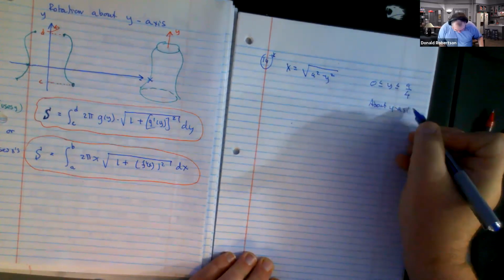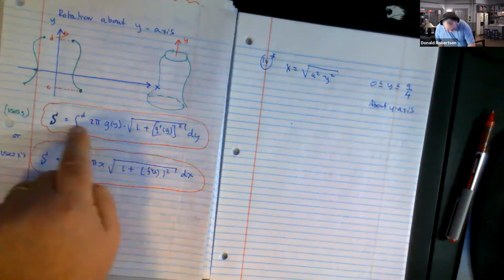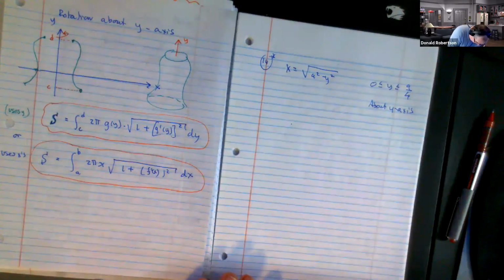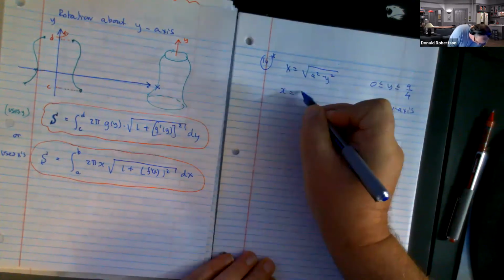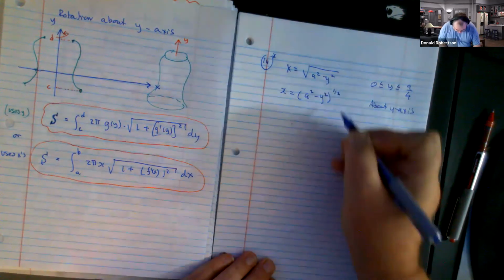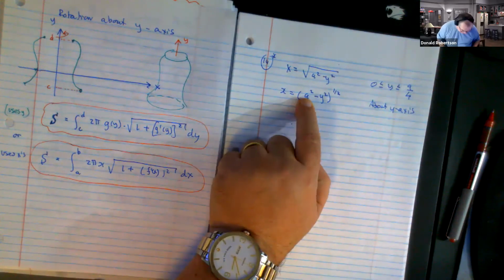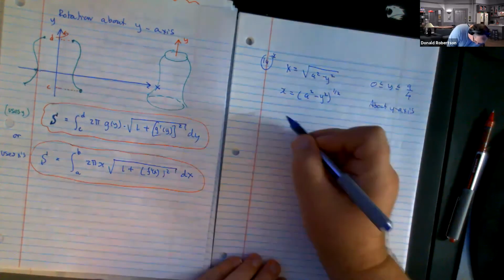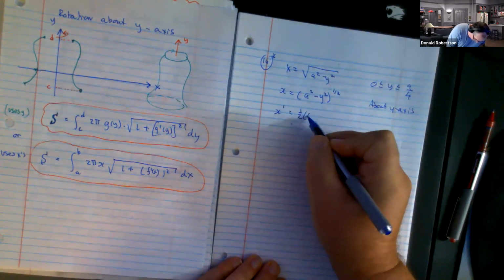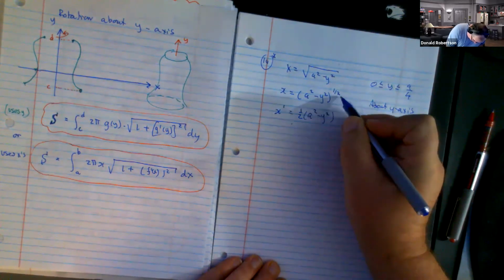Well, in this question here, it's pretty obvious I'm going to use the top formula. Would you agree everything's already in y's? So this fella is going to be called a squared take away y squared to the power of half. A, by the way, is just a constant. It's just a number, so don't treat it anything special. If you differentiate this one, you get 1/2 a squared take away y squared to the negative 1/2.